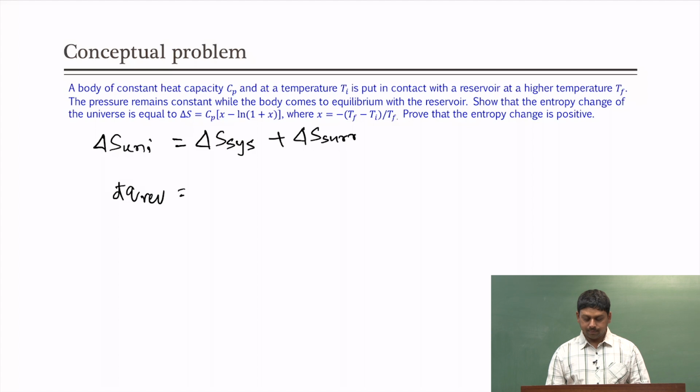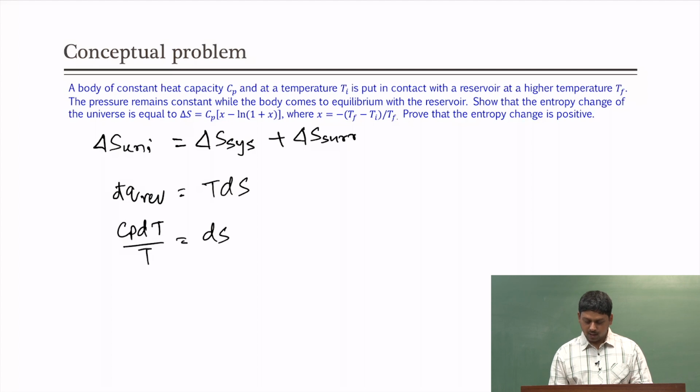So, we know that dq reversible is TdS, right. We start from there. dq reversible is Cp dT for a constant pressure process, so dS is Cp dT by T. Therefore, S is Cp ln T, but we are doing an integration from Ti to Tf.